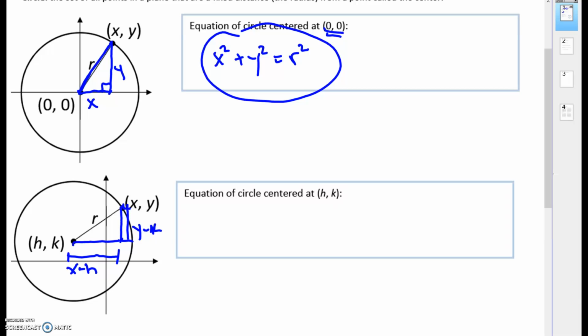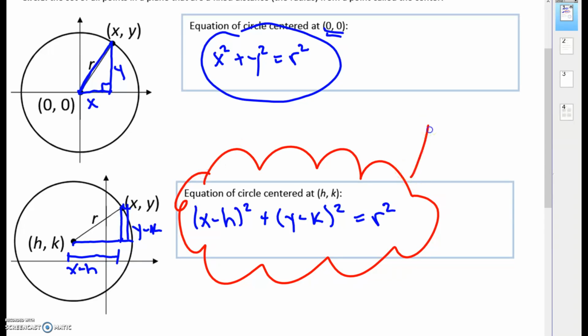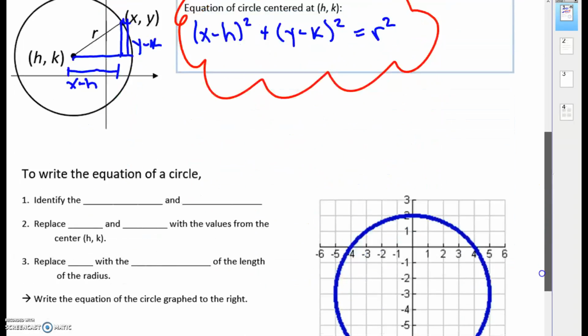So when I describe the relationship of this triangle with Pythagorean theorem, my equation would be x minus h squared plus y minus k squared is equal to the radius squared. Guys, if you take one thing away today, this is the big idea right here. That's my big idea. So let's see how this works in reality.